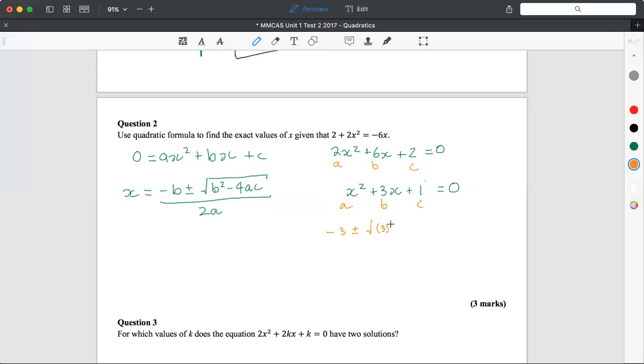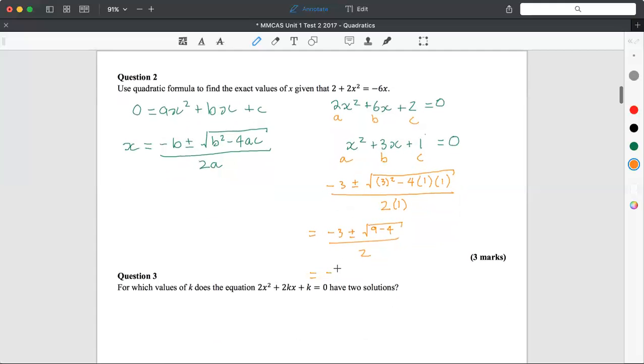All right, lots of brackets. 3 squared minus 4 times 1 times 1, all over 2A, which is 2 times 1. So that's going to be negative 3 plus or minus the square root of 9 minus 4, all over 2, which equals negative 3 plus or minus the square root of 5 over 2.